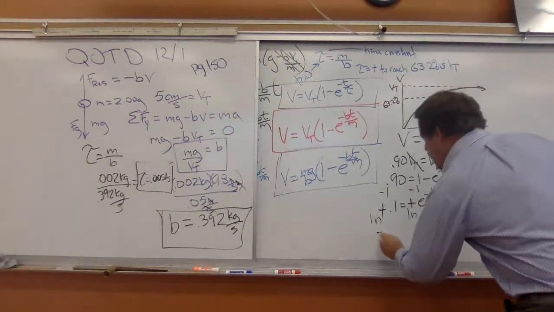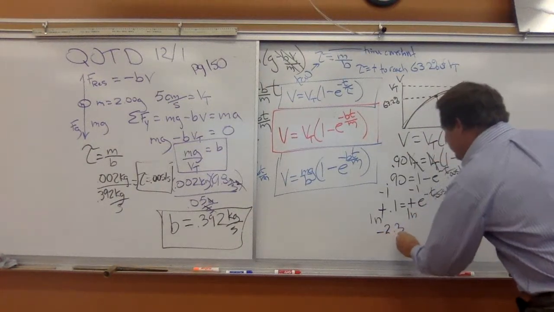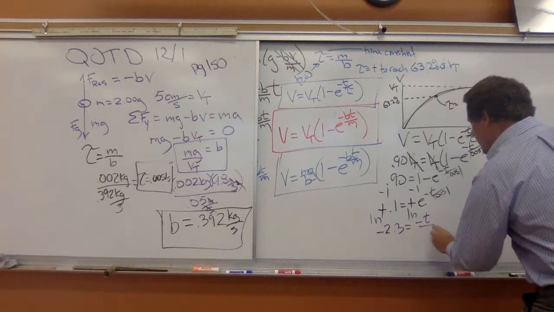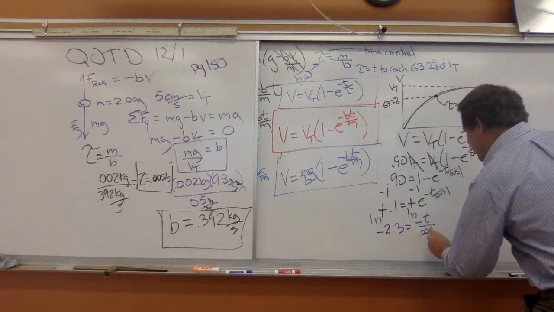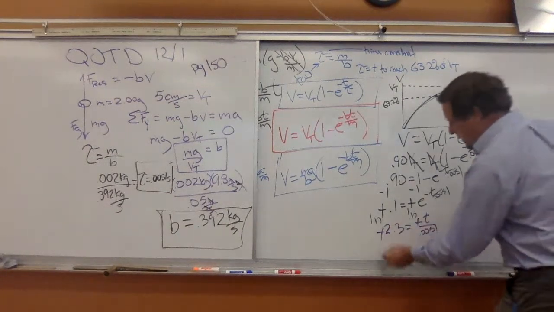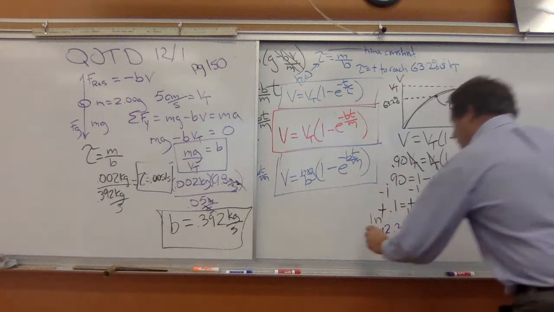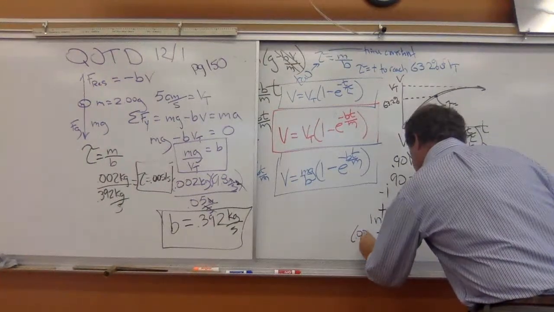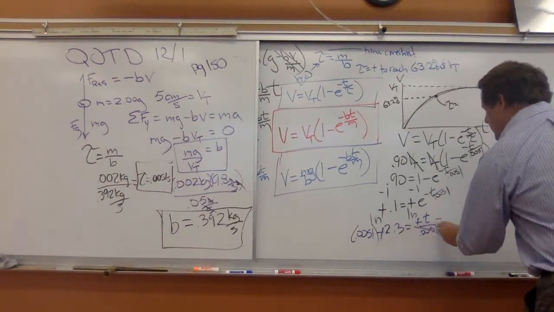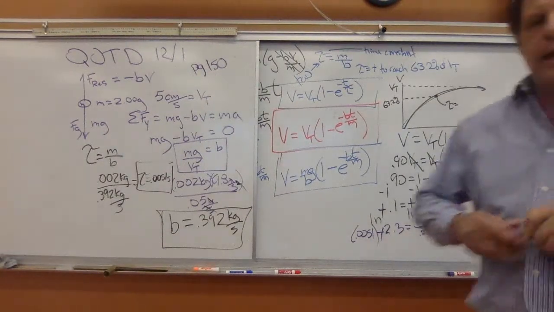So we're going to get negative 2.3 is equal to negative t over 0.0051. Now this negative and this negative cancel out, and we're going to multiply both sides by 0.0051, and that is going to give us t.